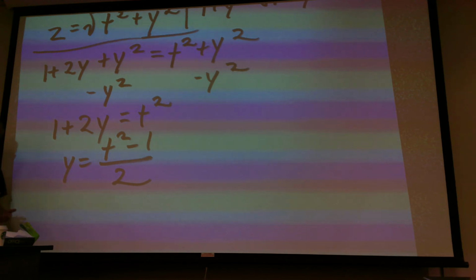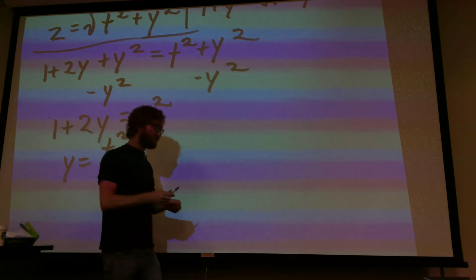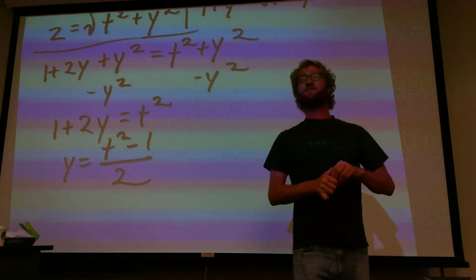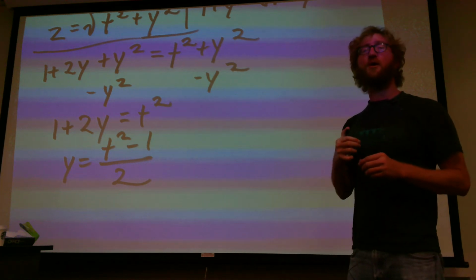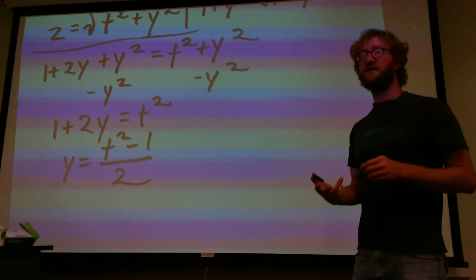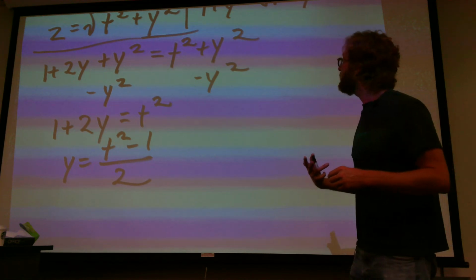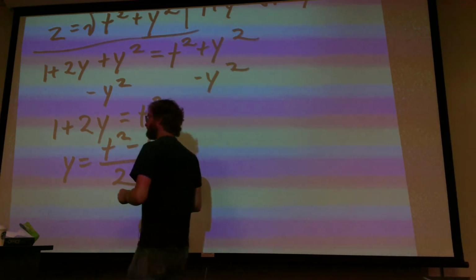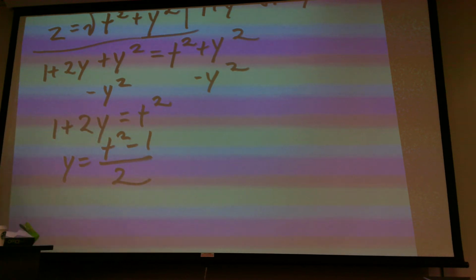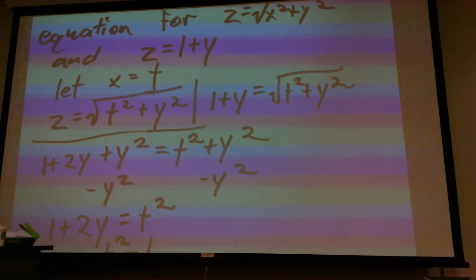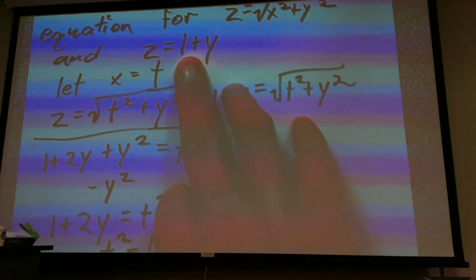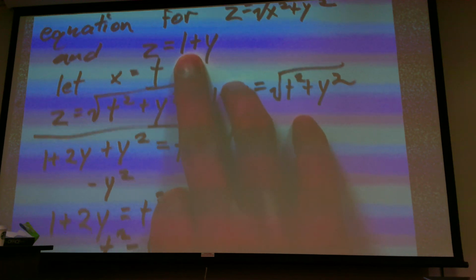So I have the first parametric equation, which equals t, and then I have my second parametric equation, that y as a function of t is equal to t squared minus 1 divided by 2. Okay. Now I need to find z as a function of t. And so z equals 1 plus y.